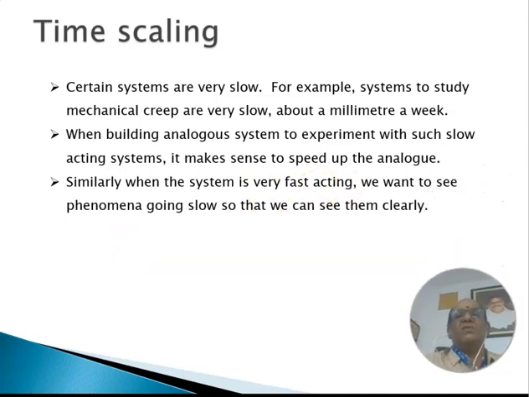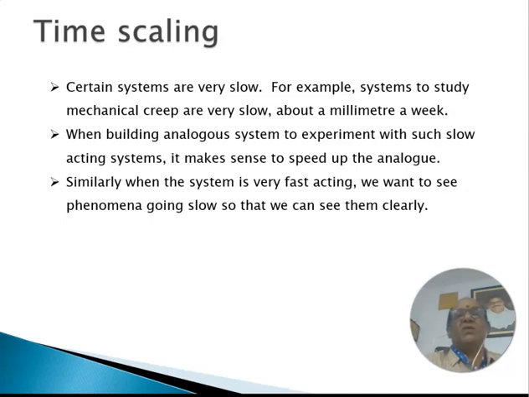If we build an analog of such a system, the electrical system also will be acting extremely slow. It takes a week to complete an experiment. Such would be a waste of time.